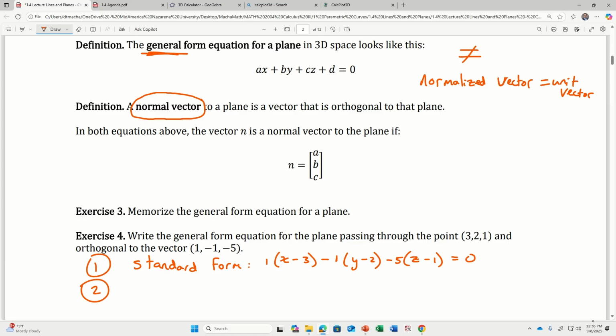And then after you've written the standard form, then you can simplify. We're going to distribute the coefficients, and then you collect all the constant terms. So negative 3 plus 2 is negative 1, plus 5 is positive 4. And that's my general form right there.